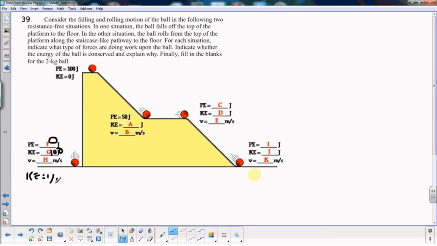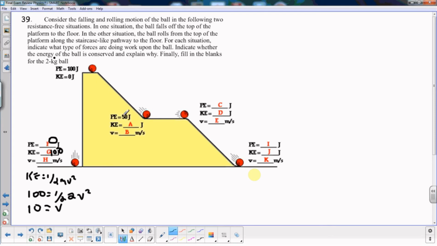So 100 equals 1/2 m, which is 2, v squared. So 1/2 of 2 is 1. Square root of 100 is going to be 10 meters per second. Coming here, if that's 50, that's got to be 50.